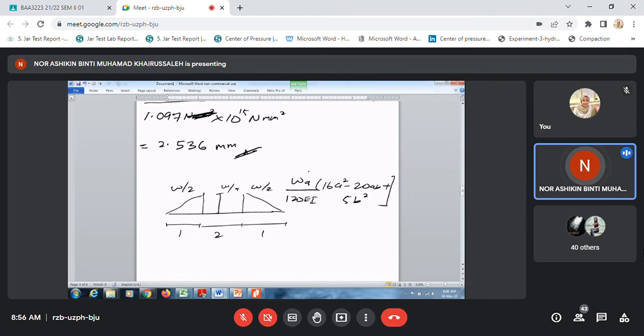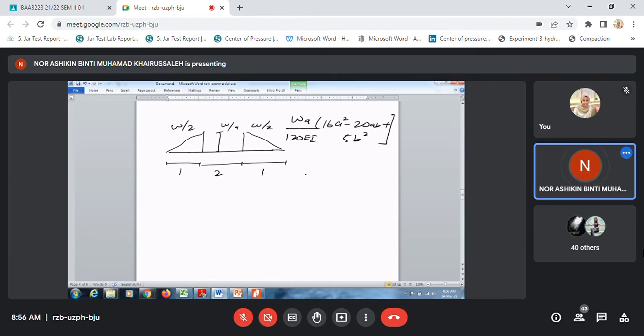So do this first. W, make sure that it's in kilonewton. So W is 3 kilonewton per meter, which is, this is 1 meter. So your W is 3 kilonewton per meter, right?